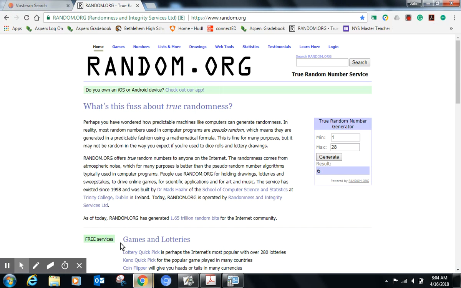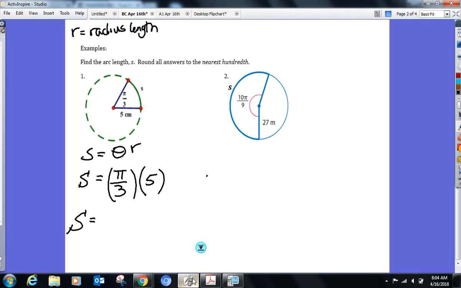And nearest hundredth, what are we looking at here? Nice, and even added the units. Good man, been paying attention. 5.24 centimeters.